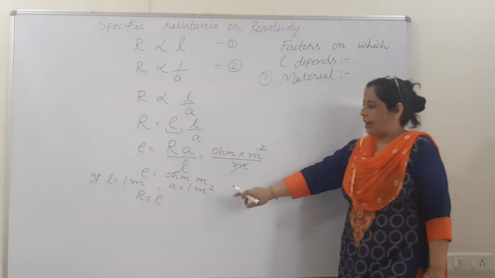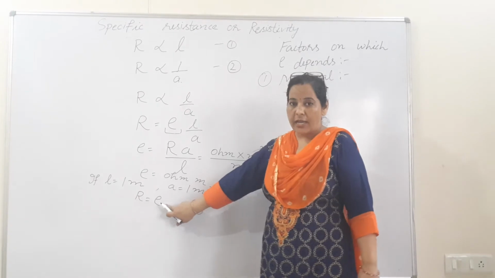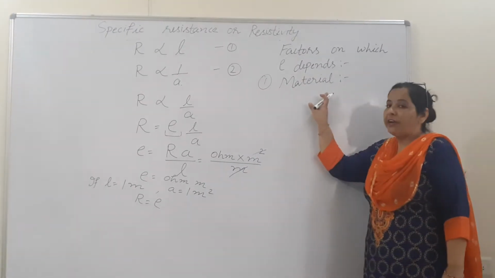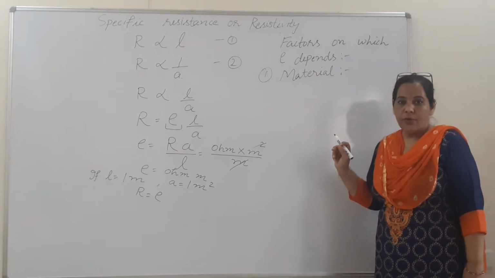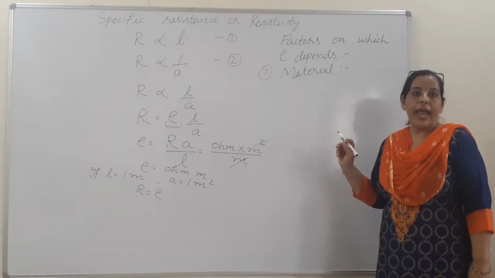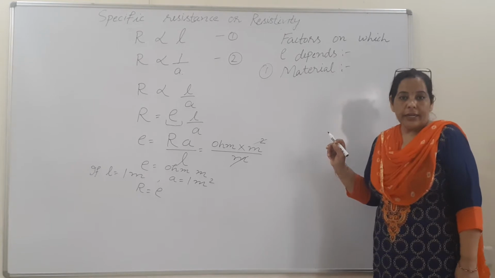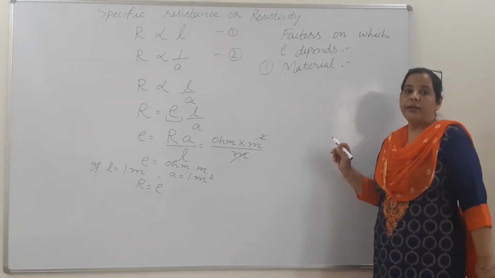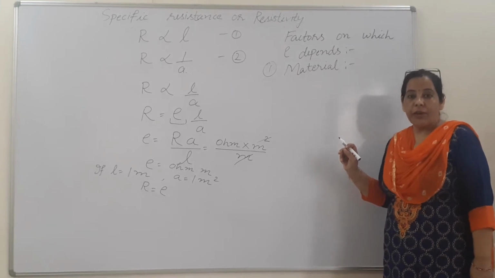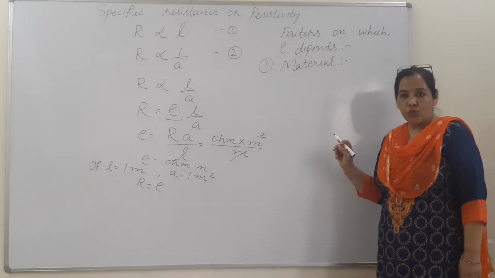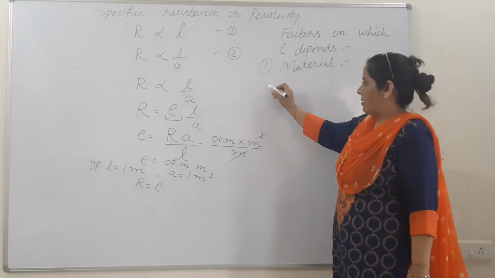Because it is the characteristic property of the substance, it will be different for different materials. It is very less for metals and alloys, less for semiconductors, and very high for insulators or bad conductors.